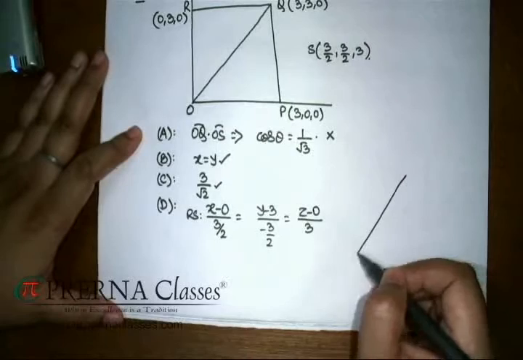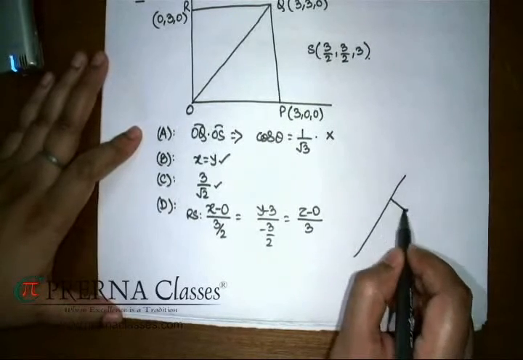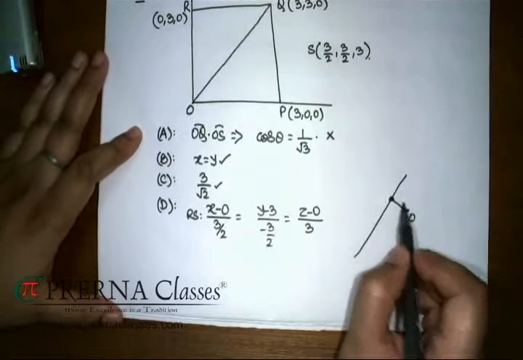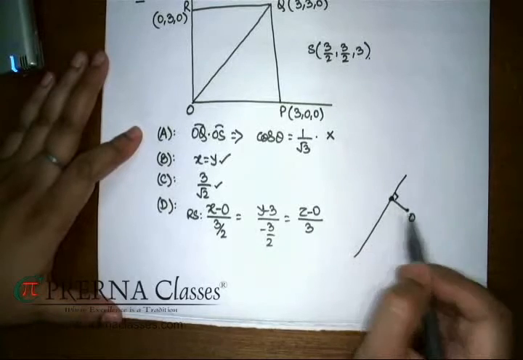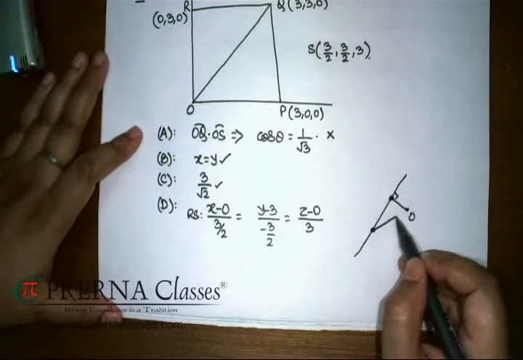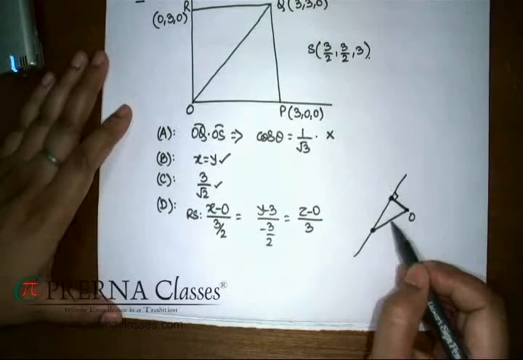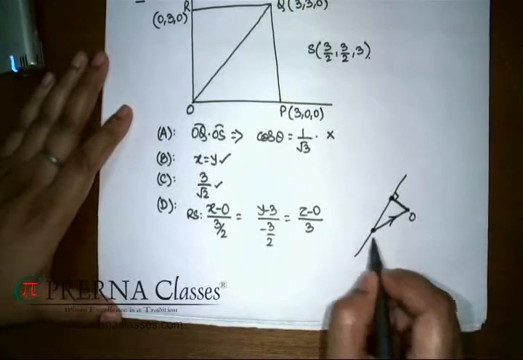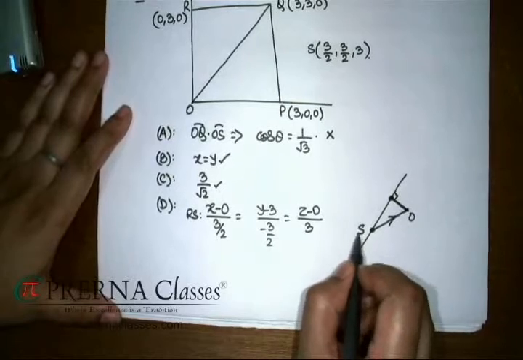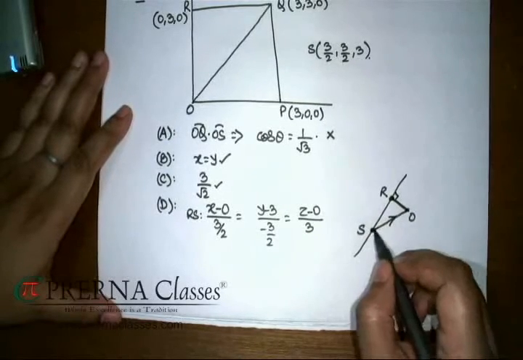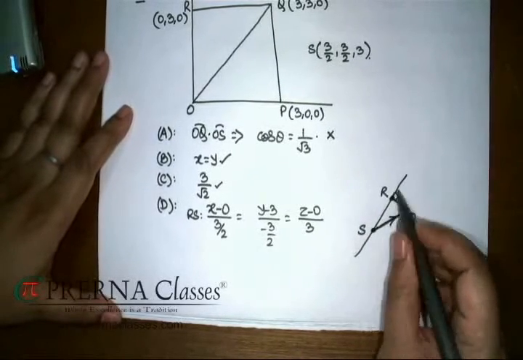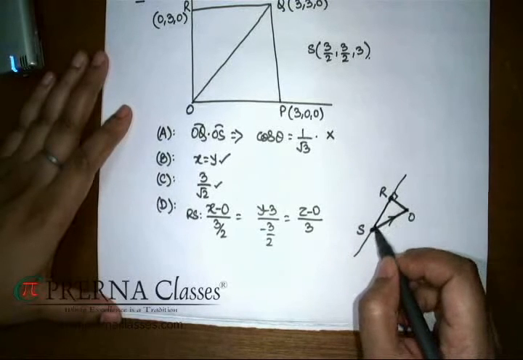On this particular line, if I were to consider the perpendicular distance of the origin, we can figure it out once we know the projection of this vector OS along RS.